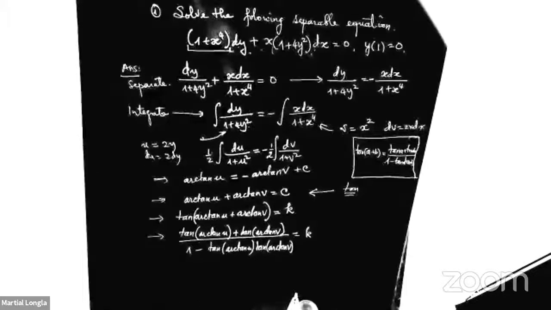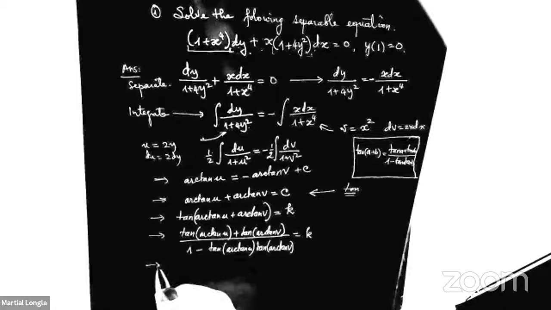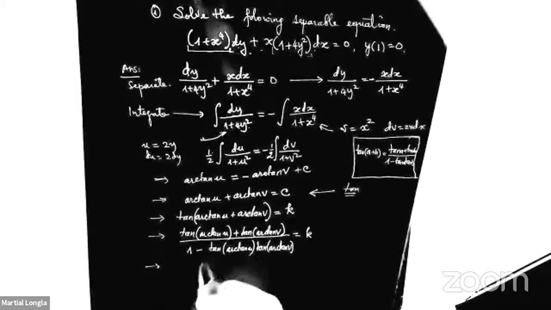Now the good news is that tangent of arctangent is just what you have. So that's u plus v over 1 minus uv.